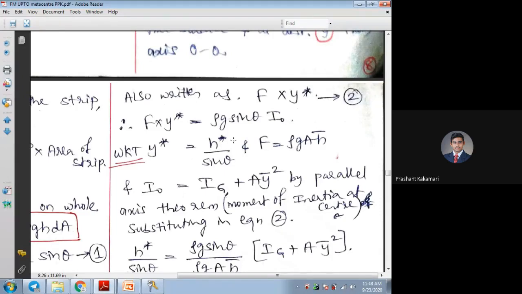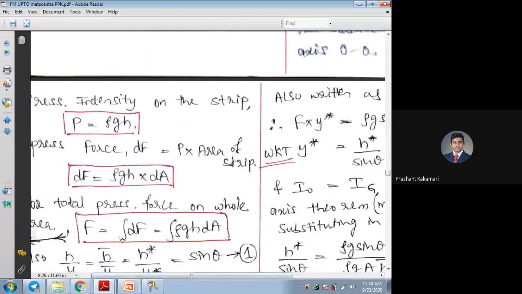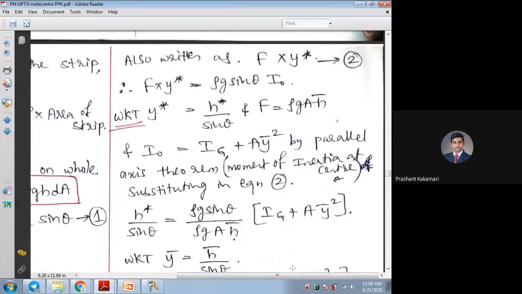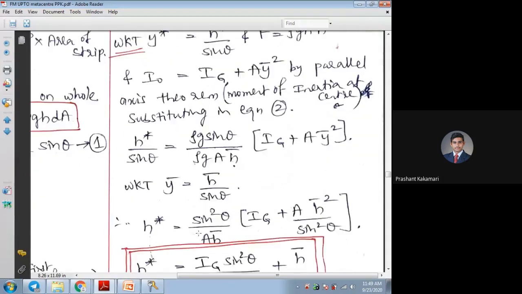And from equation number 1, what can I do? Y star into sin theta is h star, so I can replace y star into sin theta with h star. So substitute this y star and the value of F that we found earlier, because finally we want to find this h star value.